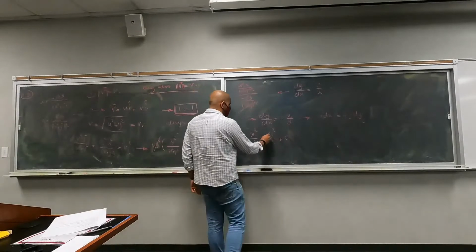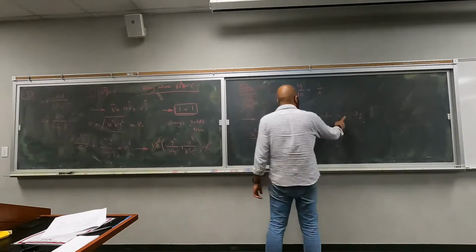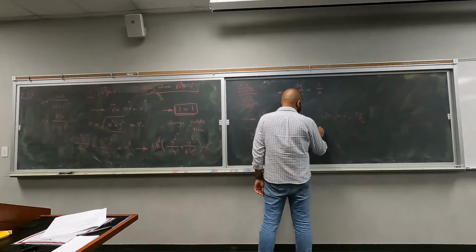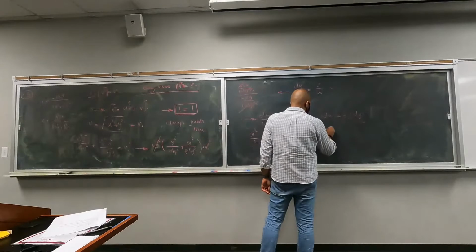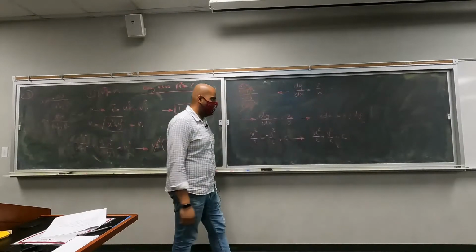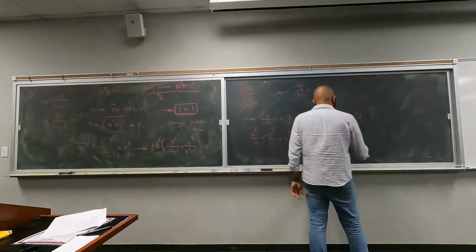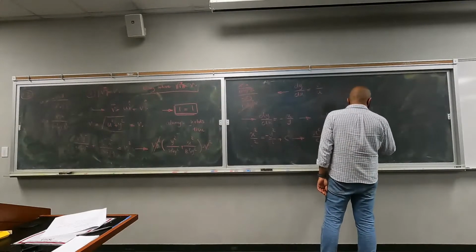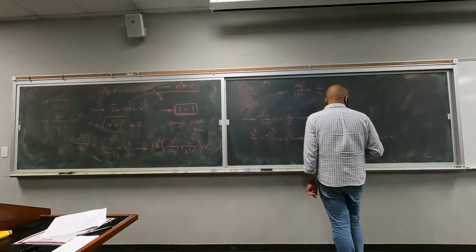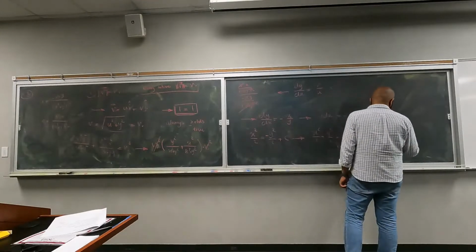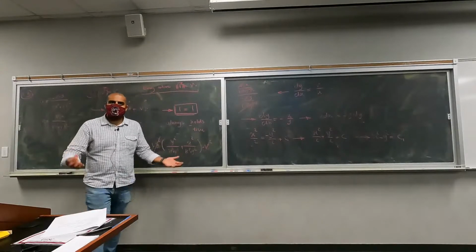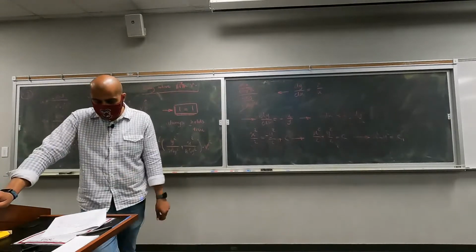So we move the y squared to the other side, and we get x squared divided by 2 plus y squared divided by 2 equals a constant. We can multiply everything by 2. It's going to be x squared plus y squared equals 2 times a constant, or another constant. Let's call it C1.